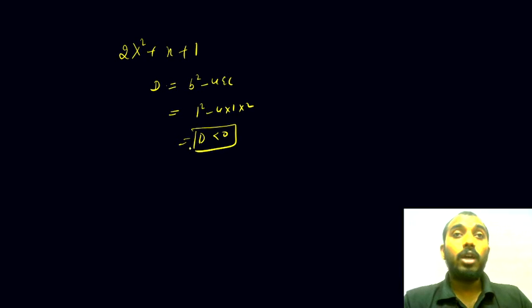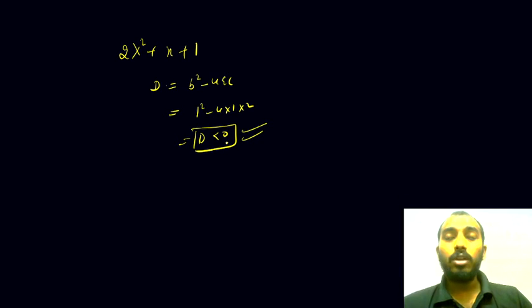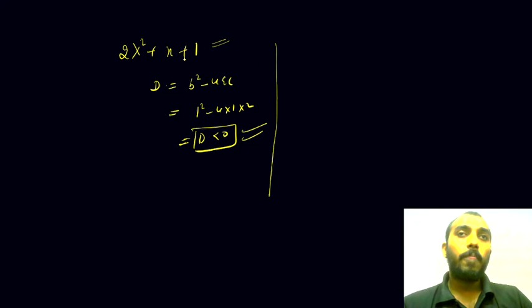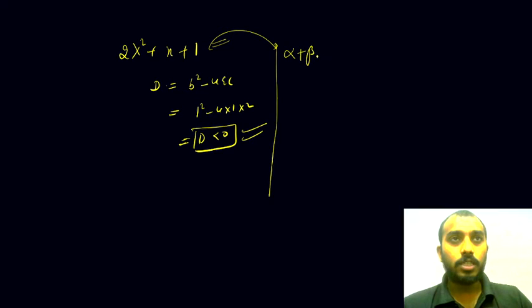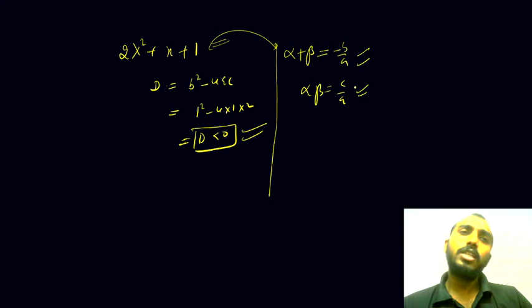I think you know very well that when d is less than 0, real roots are not possible. That's why you don't know how to tackle this type of question when d is less than 0. That's why I'm saying just use the formula minus b by a for the sum and c by a for the product.